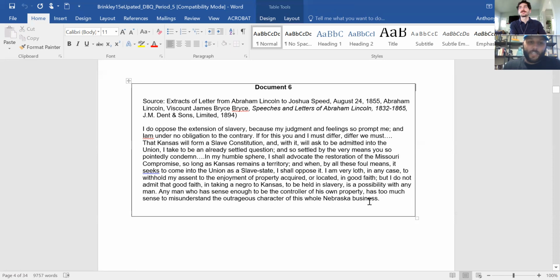And he also says, any man who has sense enough to be the controller of his own property has too much sense to misunderstand the outrageous character of this whole Nebraska business. It's such a moral high ground. He's attempting to come from such a place of moral high ground. Like, slavery is beneath me.